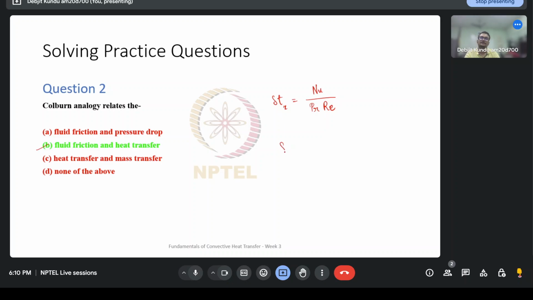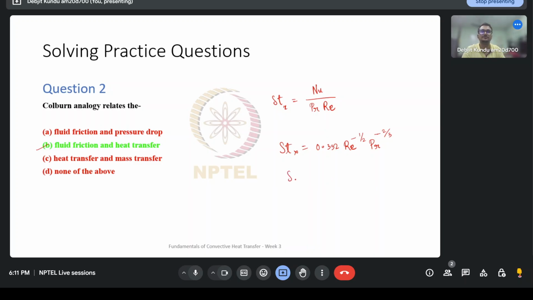And the Colburn analogy tells us that this is equal to 0.332 Reynolds number to the power 1/2 minus 1, so minus 1/2, and Prandtl number to the power 1/3 minus 1. Sorry, this was half, and this is 2/3.